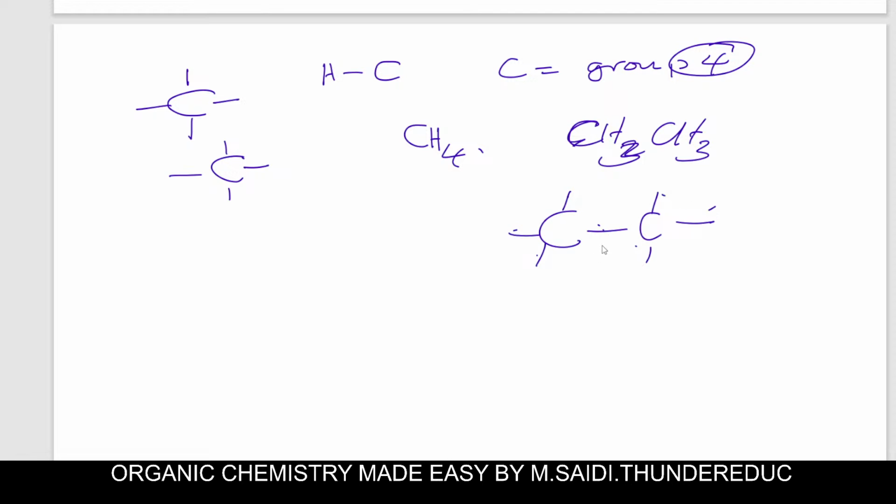So each carbon atom must share 4 bonds. I think I'm clear there. So that's why you're saying that the homologous series, the functional group of alkanes is carbon, hydrogen, and the carbon single bond throughout.